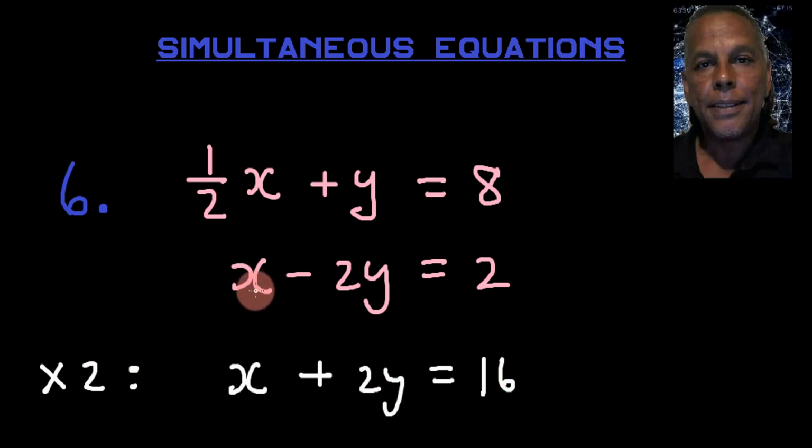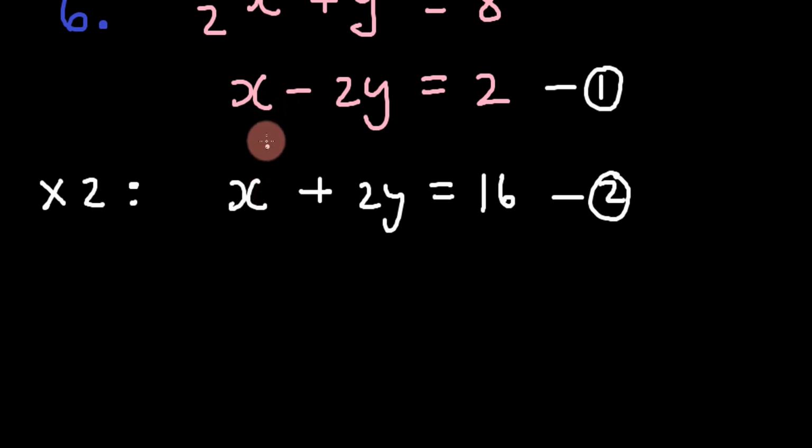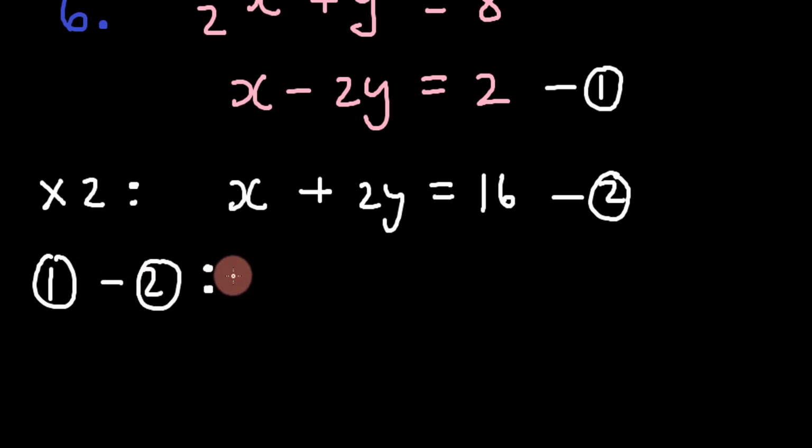Now we see that the coefficients of the x's are the same in these two equations. So we can call this equation 1, and this we can call equation 2. When we subtract the two equations from each other, the x's will cancel. So equation 1 minus equation 2, x minus x is 0.